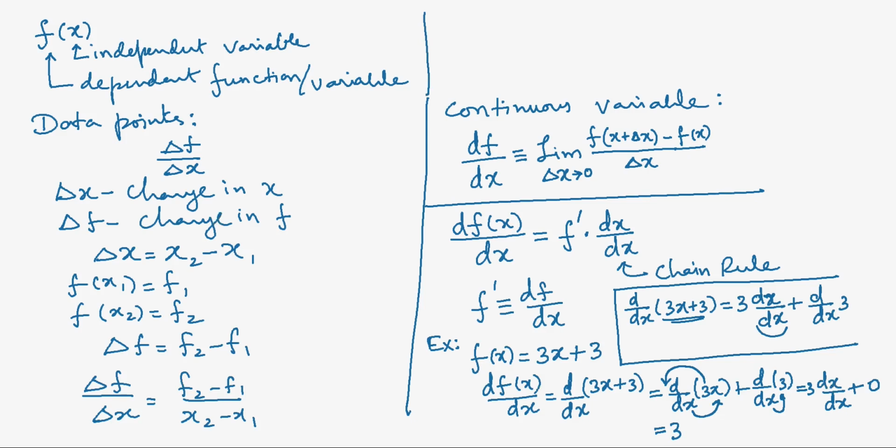So let me go a bit further here. Take the same example. Okay, I write it at the top. The example is f of x is 3x plus 3, right? Can you factorize this? 3x plus 3 can be factorized as?